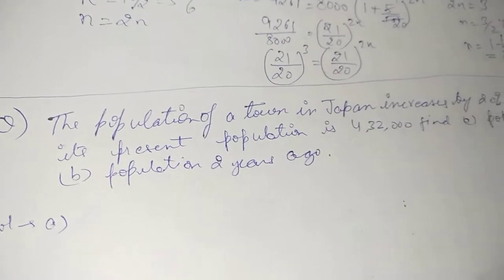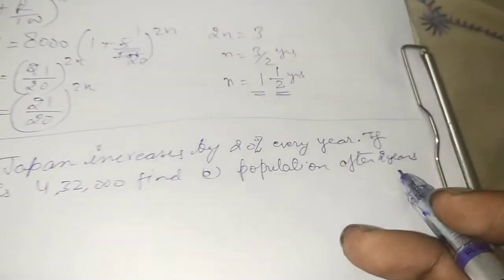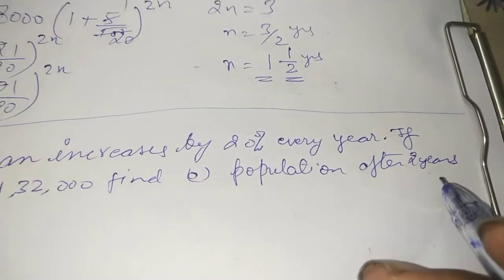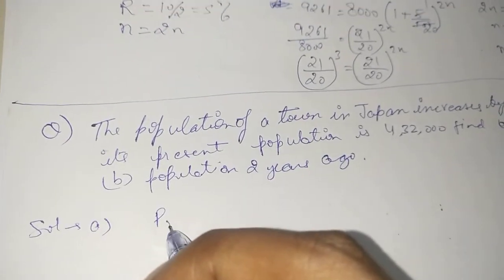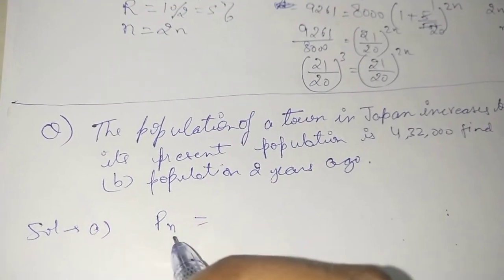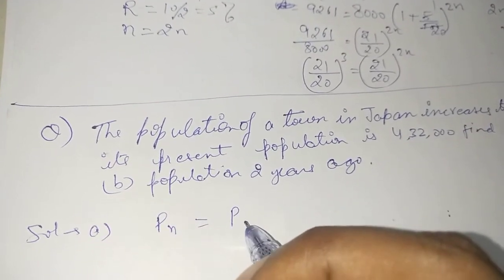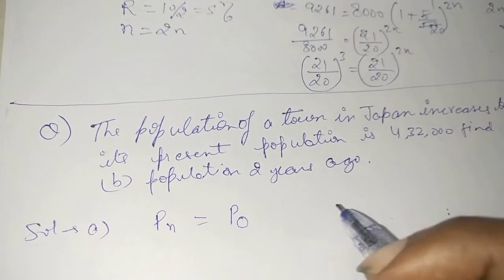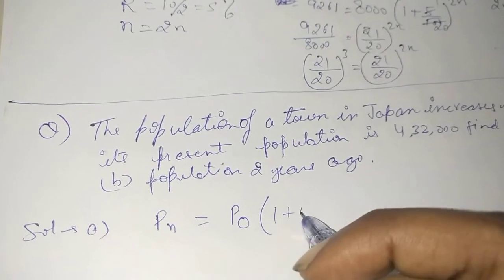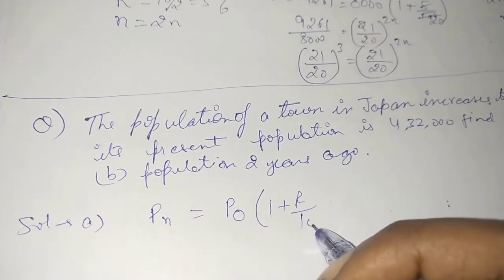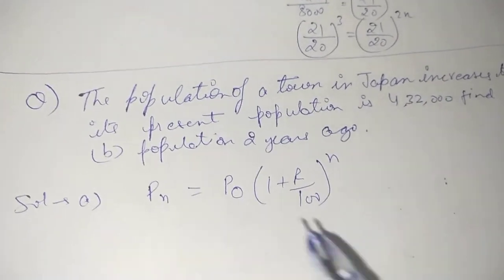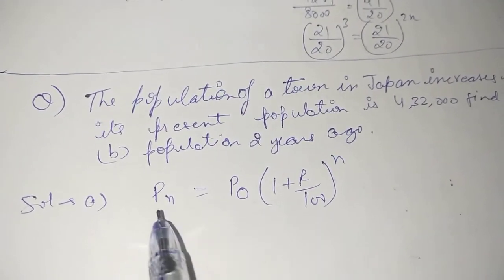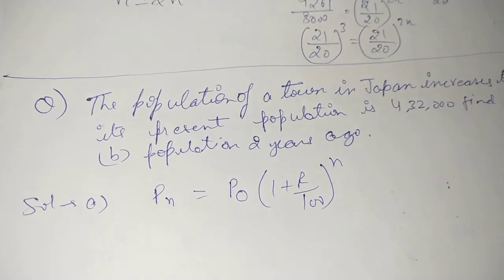Whenever the population is to be calculated after n number of years, after 2 years, after 3 years, just write down one simple thing: population after n years, Pn, is equal to the present population into 1 plus R upon 100 to the power of n. Taking these values, it will be quite clear which value needs to be substituted at which place.